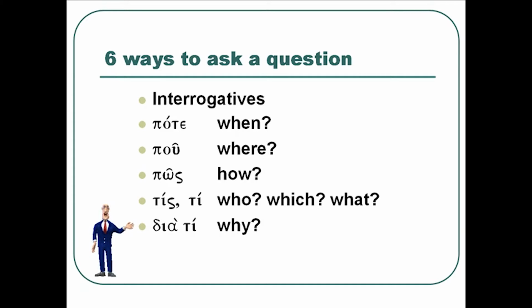If you want to ask why, you say diati. Or sometimes you can just use ti for why. So these are 6 ways to ask questions, and you'll notice that the question is marked by what looks like a semicolon in Greek, which is their question mark.